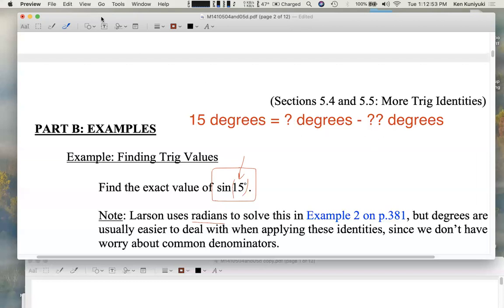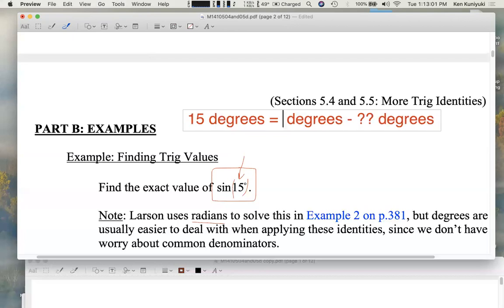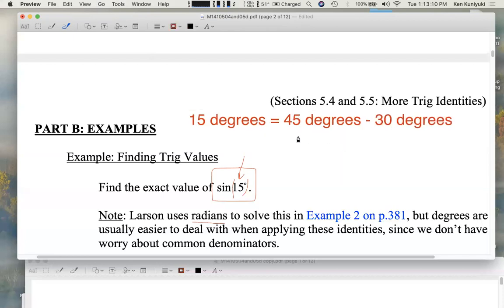Well, again, there are infinitely many possible choices you could make, but you could say 15 degrees is equal to 45 degrees minus 30 degrees. You could also do, for example, 60 degrees minus 45 degrees, but let's go ahead and run with this.